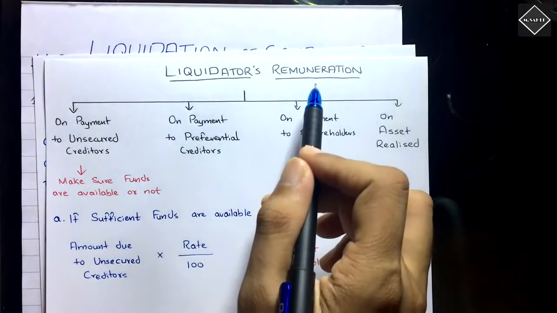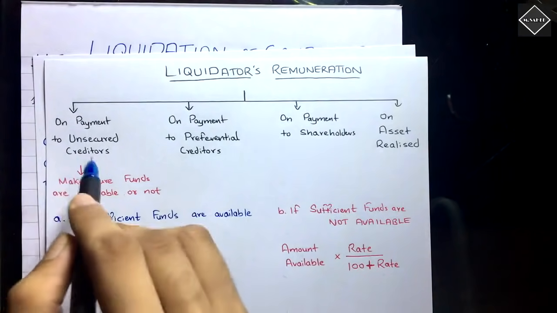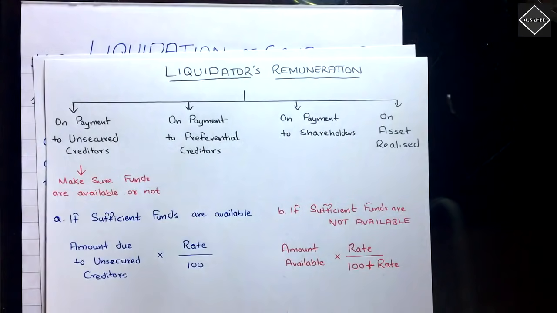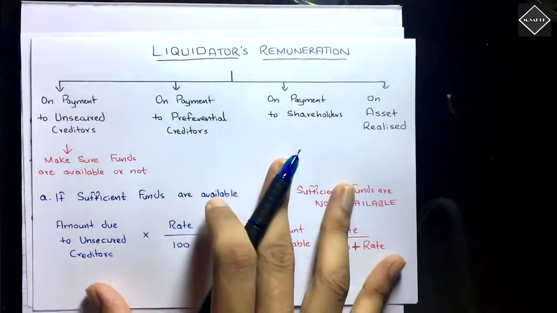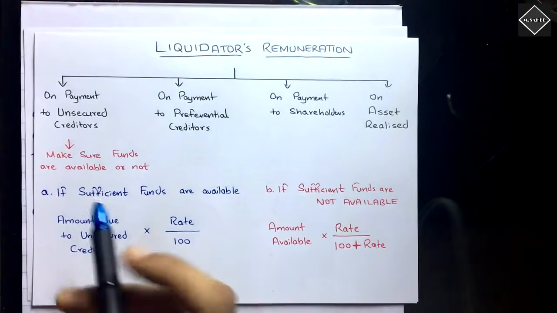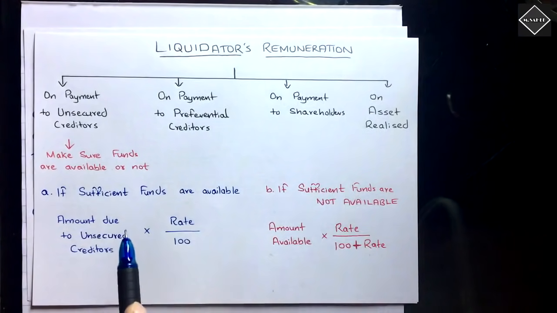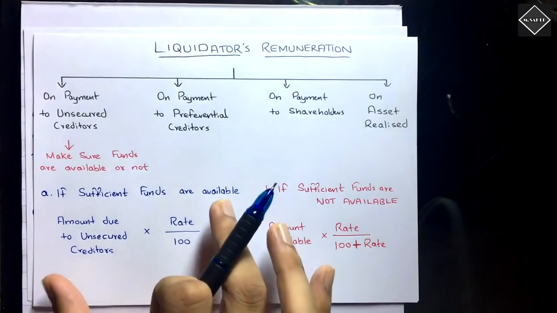The remuneration is paid on the payment made to unsecured creditors, not on whatever is due. How much you actually pay to unsecured creditors, on that you give the remuneration to the liquidator. So you have to be very careful and make sure whether funds are available or not. If funds are available, the calculation is simple.